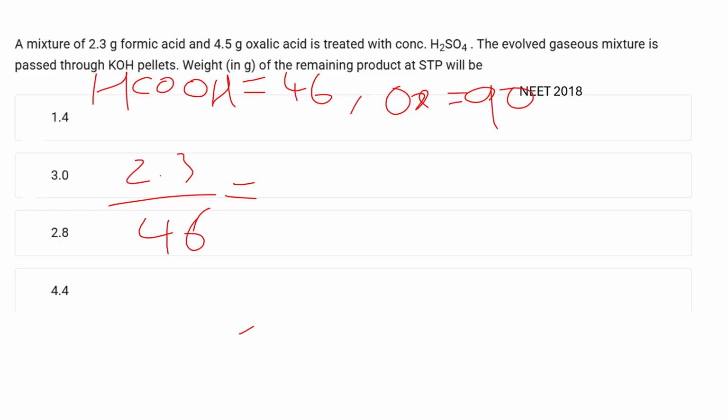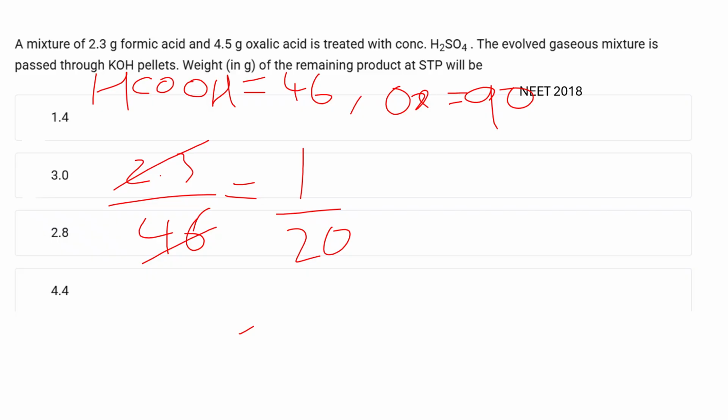We can use a calculator, or else cancel the numerator and denominator as such. If we cancel this, we get 1 by 20.